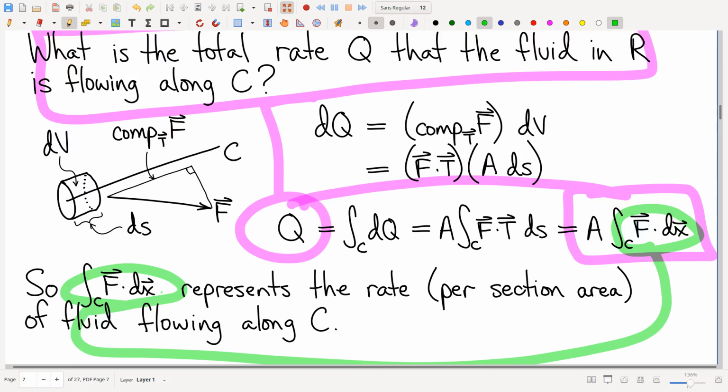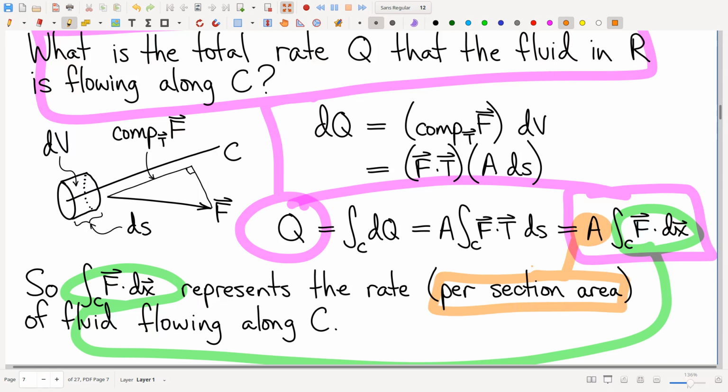The bigger the area, the bigger the tube, the more of the fluid, and therefore the more of whatever this thing is that I'm computing. So of course it's proportional to area. That's not that interesting. That's not what we're trying to understand about the fluid flow. So I'm going to factor out that area by saying, look, I'm going to interpret all of this per unit area of the cross section. Of course it's proportional to the area.